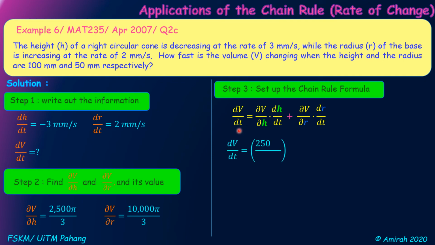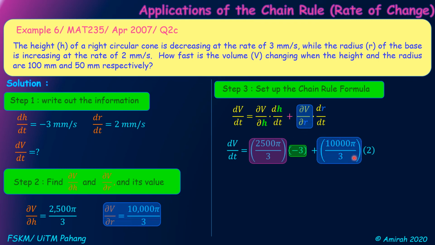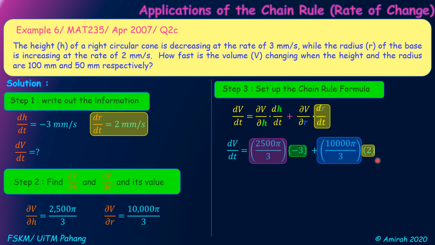Alright. And then from here, del v over del h equals 2500 pi over 3. And then dh over dt equals negative 3 mm per second. And then del v over del r equals 10,000 pi over 3, and dr over dt equals 2 mm per second.